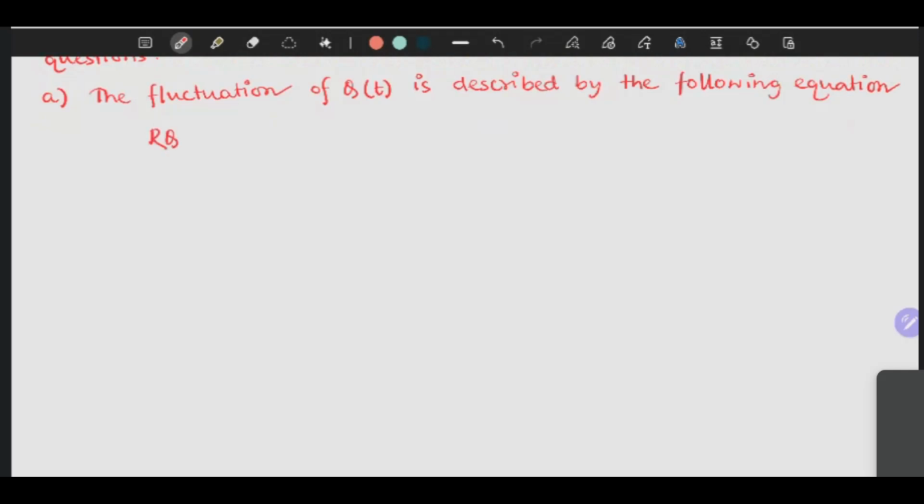R q dot plus q by C minus psi_R(t) is equal to 0.